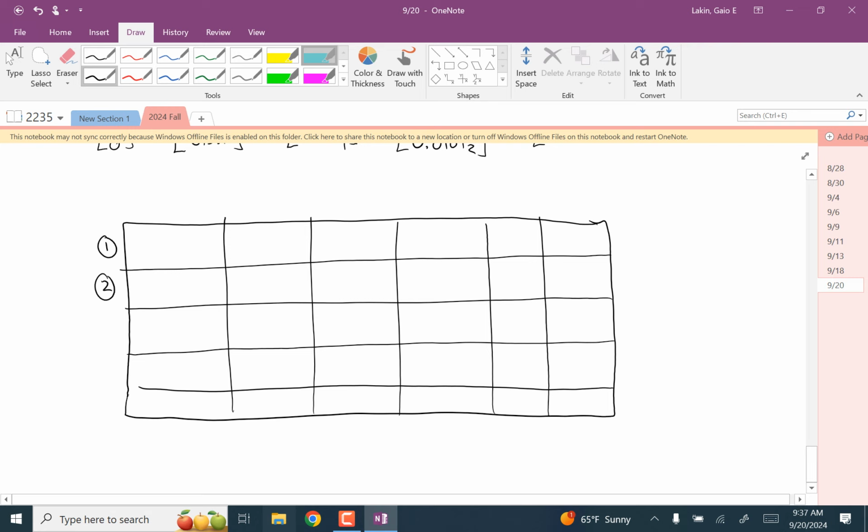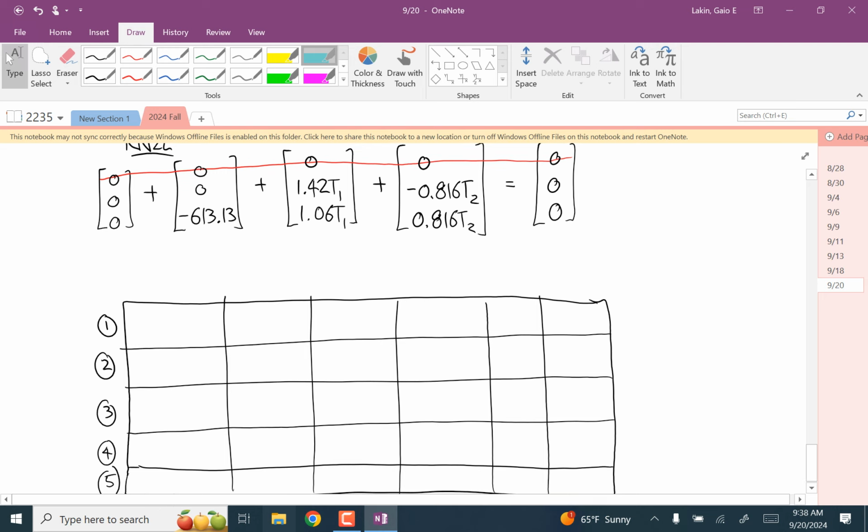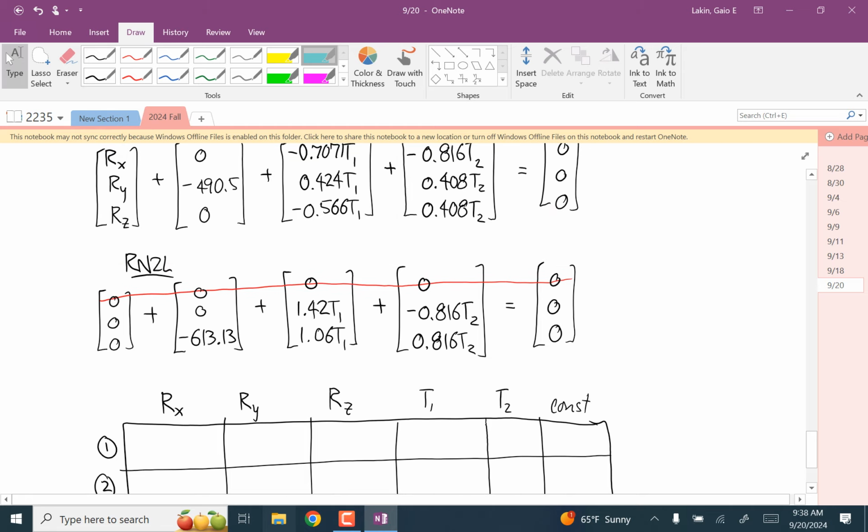So this is equation 1, 2, 3, 4, 5. And for variables, I'll go Rx, Ry, Rz, T1, T2, and then that's for the constants. The first equation, Rx's, we have 1. T1s, we have negative 0.7071. T2s, we have negative 0.816. Everything I leave blank is just 0.